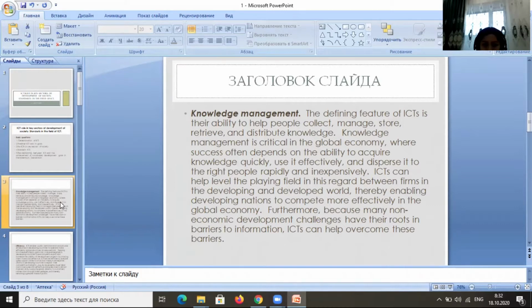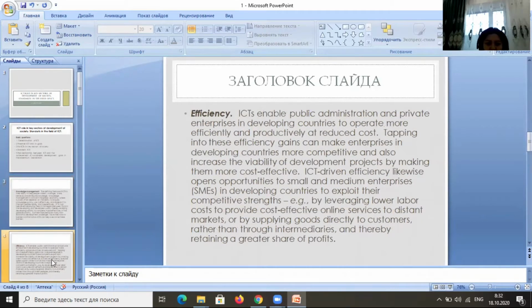Furthermore, because many non-economic development challenges have their roots in barriers to information, ICTs can help overcome these barriers. Efficiency.